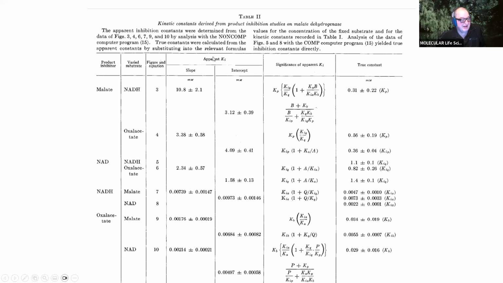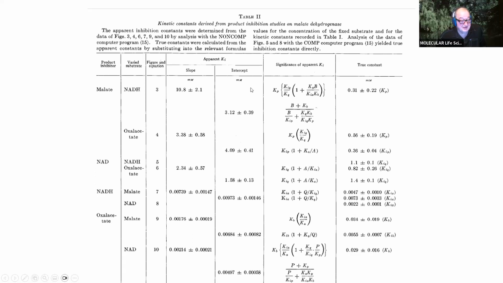That lets them calculate apparent KIs from slopes and intercepts, etc. And they get all of their data. And again, the errors sometimes are very good, but sometimes are not so good.